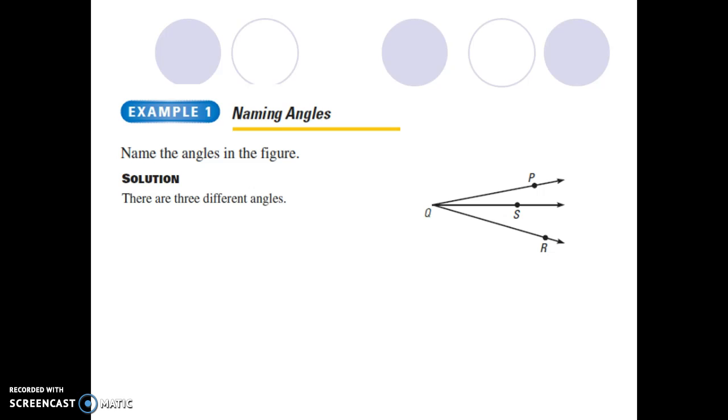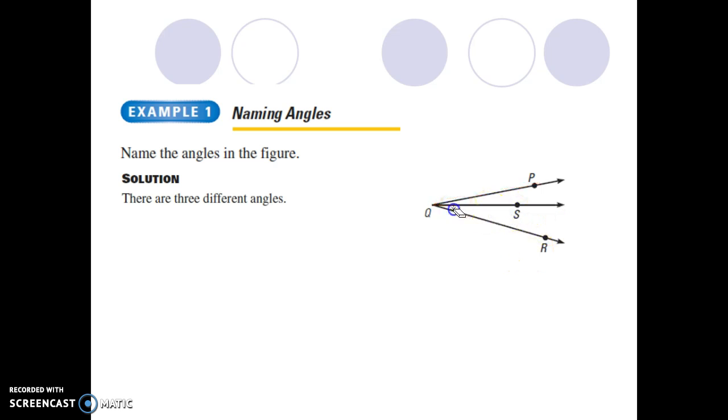For instance, if I wanted to name this smaller angle here, it has vertex Q, but so do all the other angles. So for this one, I'm going to name it PQS or SQP.